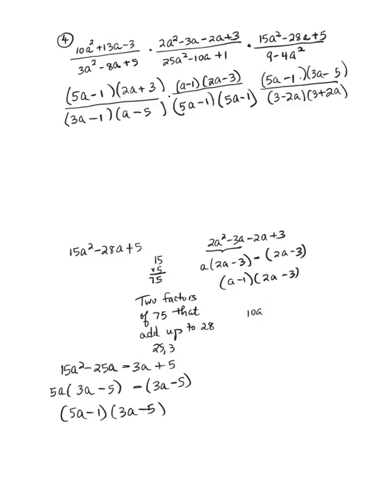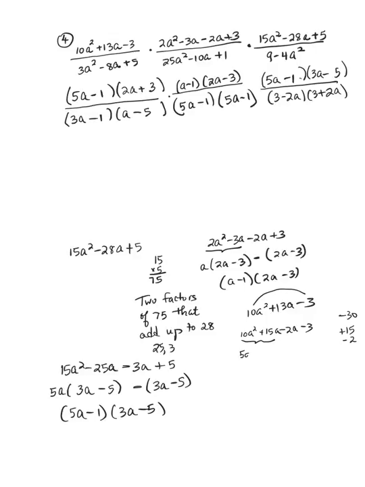So if we have 10a squared plus 13a minus 3, we multiply the 10 by the negative 3, we get negative 30, and we have to find two factors of negative 30 that add up to positive 13, and I believe that would be positive 15 and negative 2. So we rewrite this as 10a squared plus 15a minus 2a minus 3, and use factoring by grouping.